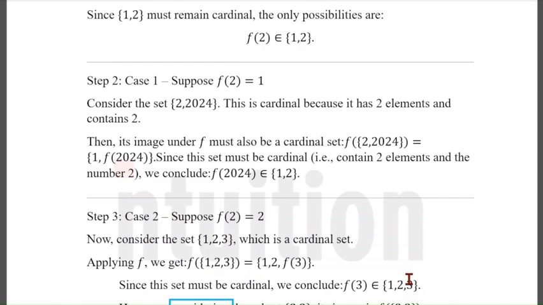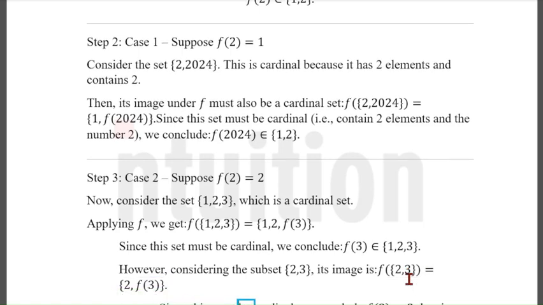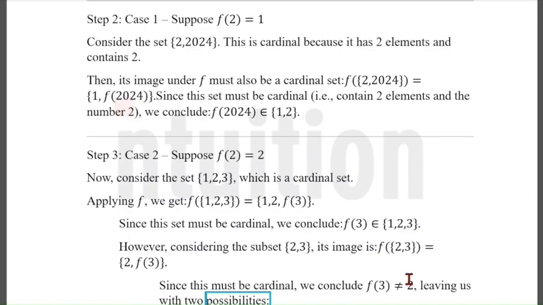However, considering the subset {2, 3}, its image is f({2, 3}) = {2, f(3)}. Since this must be cardinal, we conclude f(3) is not equal to 2, leaving us with two possibilities.